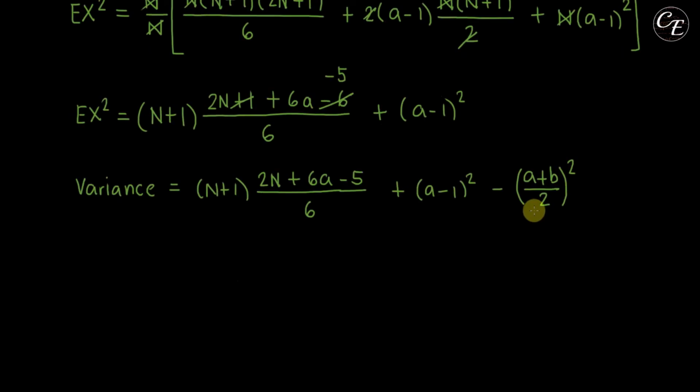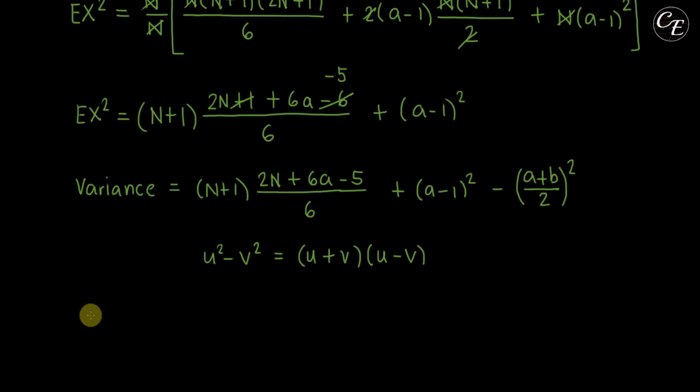Now, in here, this is a difference of two squares of terms, and from algebra we know that the difference of squares of two terms can be factored out as a product of the sum of the two terms and the difference between the two terms. So let us apply this in here.